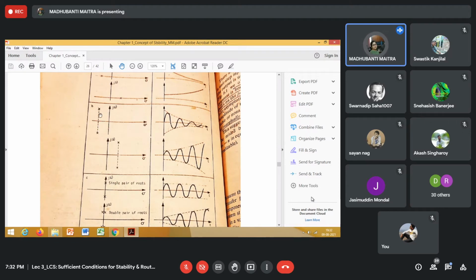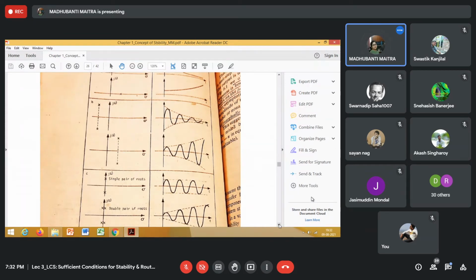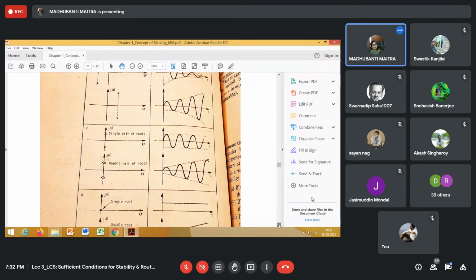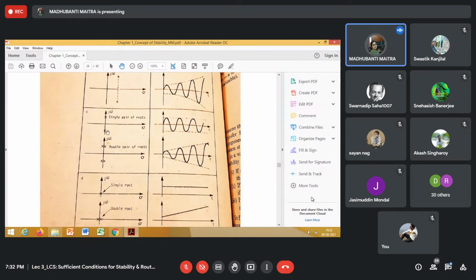A complex conjugate root pair in the left half of the S-plane gives damped oscillation, and finally the oscillation will die down. In the right half of the S-plane, for a complex conjugate root pair, you see the amplitude of the oscillation going on increasing, and finally it will become infinite. On the imaginary axis, a complex conjugate root pair gives undamped oscillation with finite amplitude.